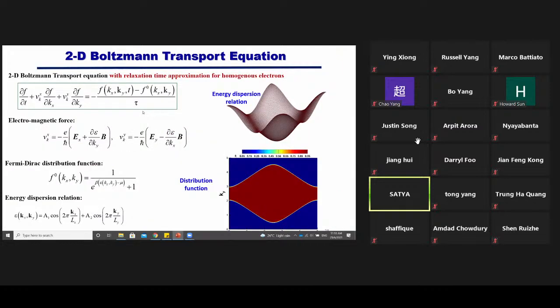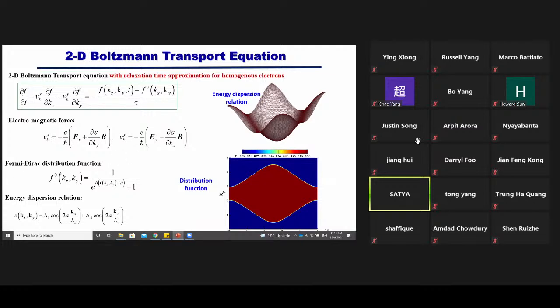And now, we are working on the 2D Boltzmann transport equation. This is the Boltzmann transport equation. Here, we are solving this equation with the relaxation time approximation for homogeneous electrons. So we can write the Boltzmann equation in this formulation, where Vx and Vk are defined by this mathematical expression.